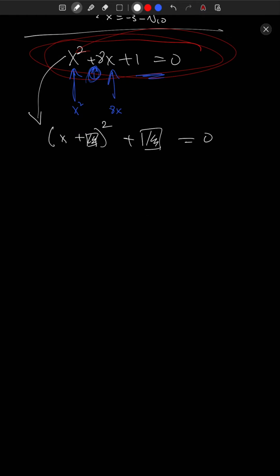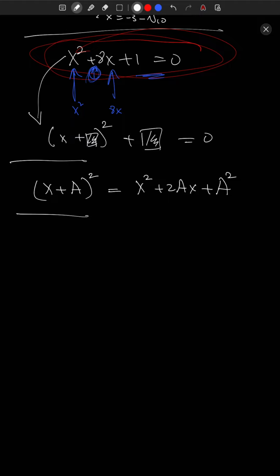Well, here's where we take a look at this very, very useful fact. x plus anything, so I'm going to call it a, whole thing squared, what is that? If you FOIL it out, right, you get x squared plus 2ax plus a squared. Okay? All right.